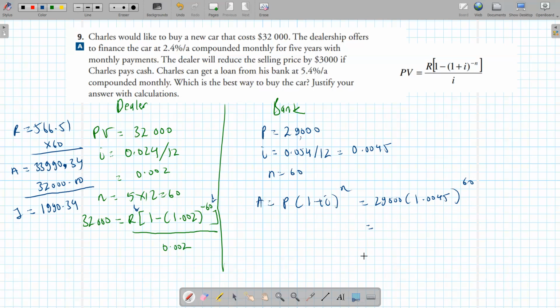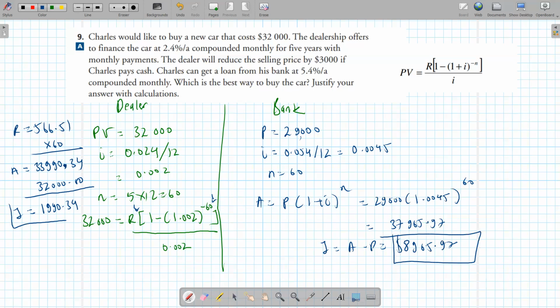So 29,000 times 1.0045 to the power of 60. And that gives 37,965.97. So therefore his interest is going to be A minus P, 37,000 minus, he actually paid 29,000 for the car. So in interest, he has to pay this amount.